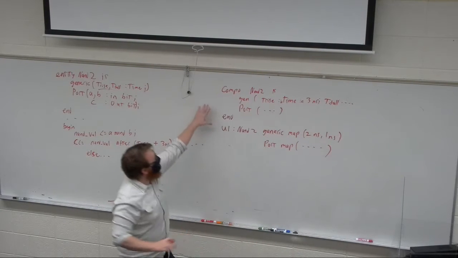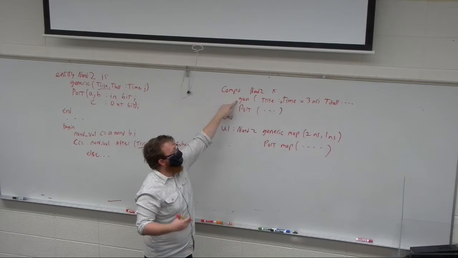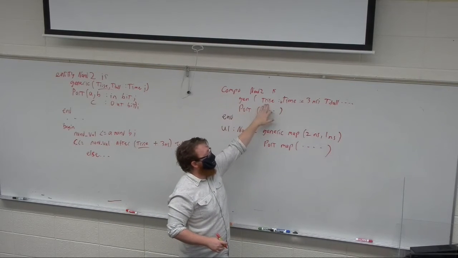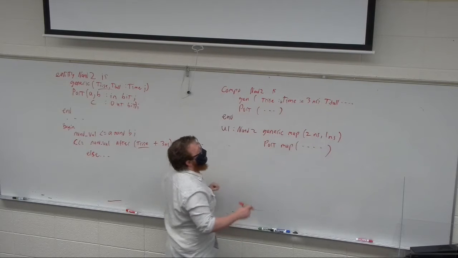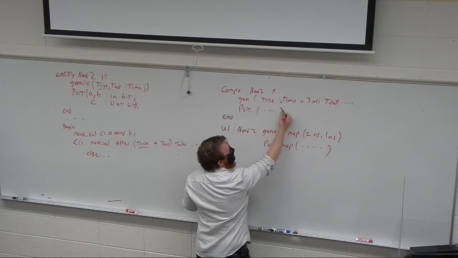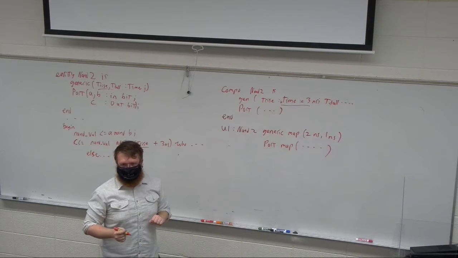All right, so we create the component like we normally would, except we add in the generics and let it know that there does exist a T-rise and a T-fall. Now, in the component declaration, this is just saying if I don't otherwise say, let's default to 3 nanoseconds.